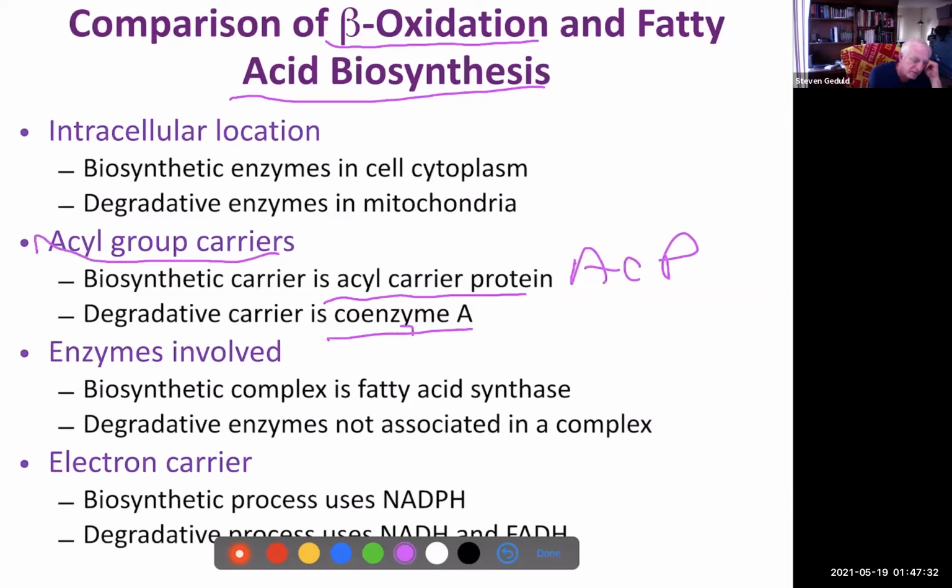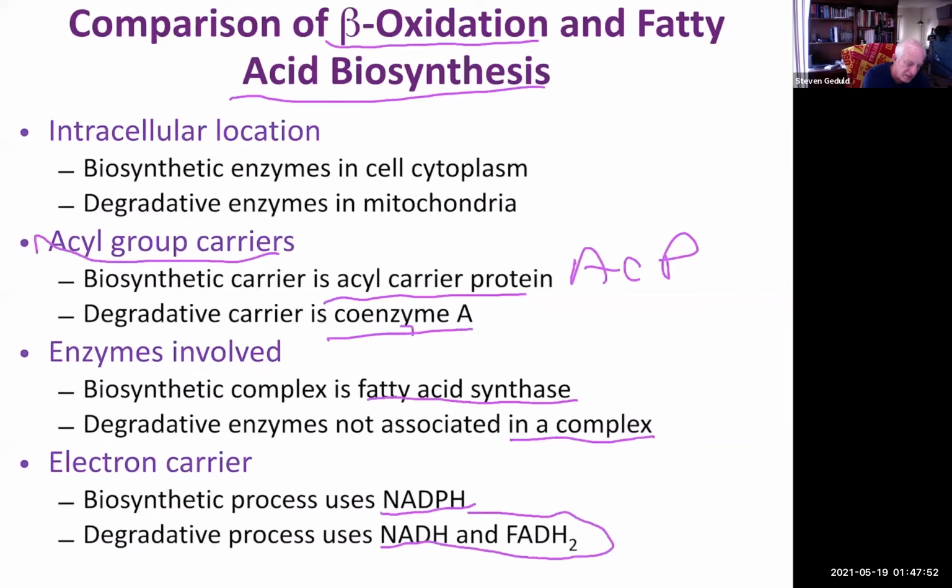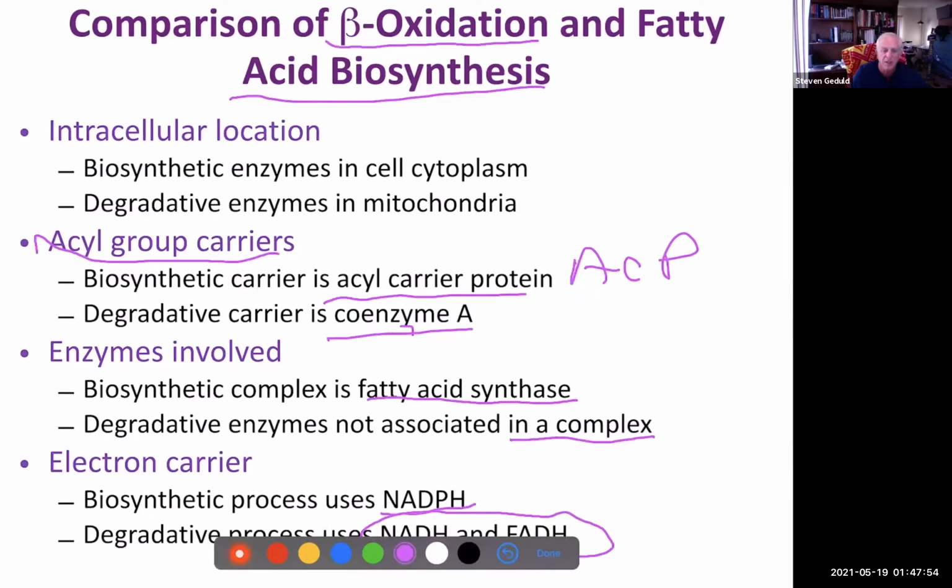The enzymes involved: the biosynthetic complex is fatty acid synthase, and the degradative enzymes are not associated in a complex. Those are just the degradative enzymes that chop the two carbon groups off of the fatty acid. The electron carrier in the biosynthetic process is NADPH. The degradative process uses NADH and FADH2 and also GTP. That's our degradative process we use in the citric acid cycle.